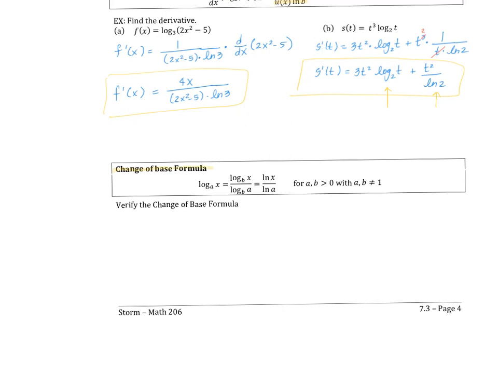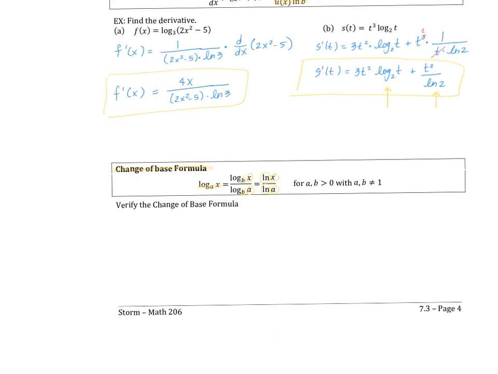So the change of base formula says that if you have any log with any base, you can break it up. Okay? And what you do is you take whichever base you choose. It could be any base at all. It could even be natural log. And it's the argument over the base. Argument over the base.